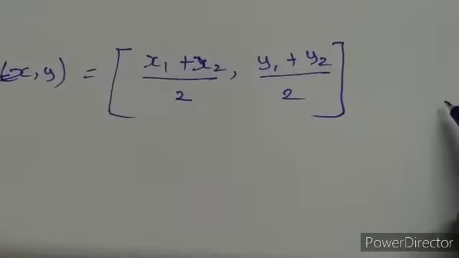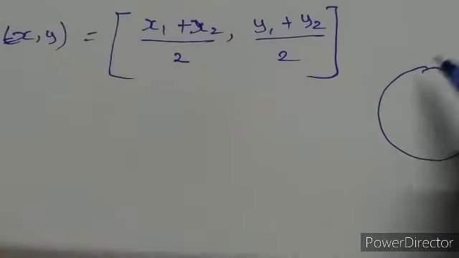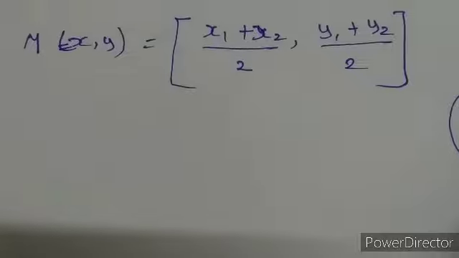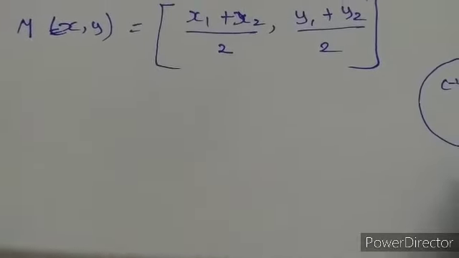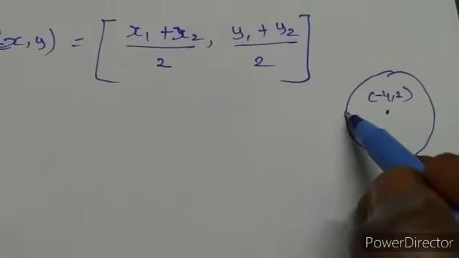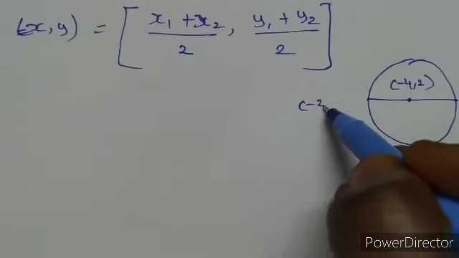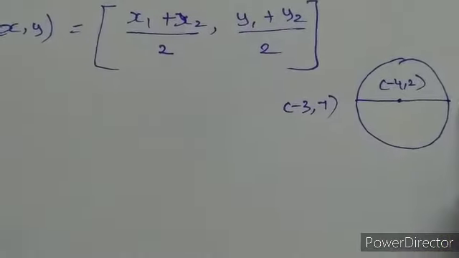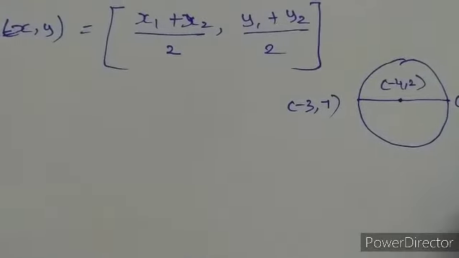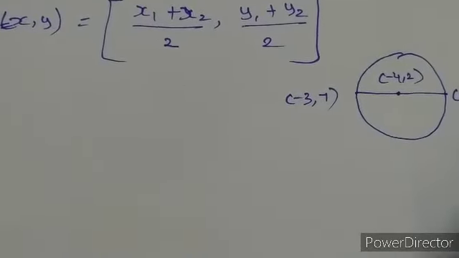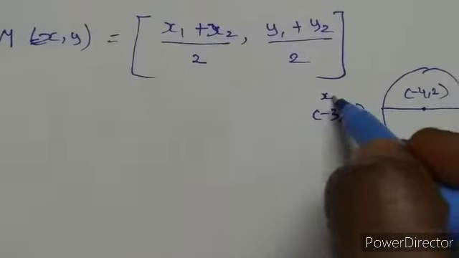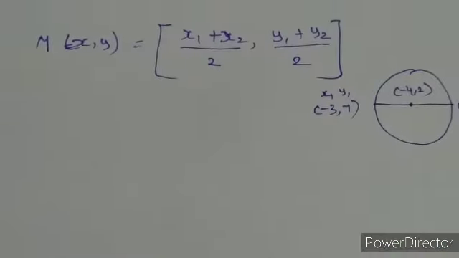In the given circle, the center point is given as (-4, 2). In the diameter, one point is given as (-3, 7). The other point we don't know, so let's assume x2, y2, and here it is x1, y1. Let's substitute this in the formula.